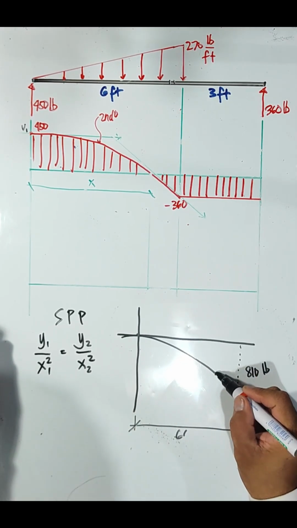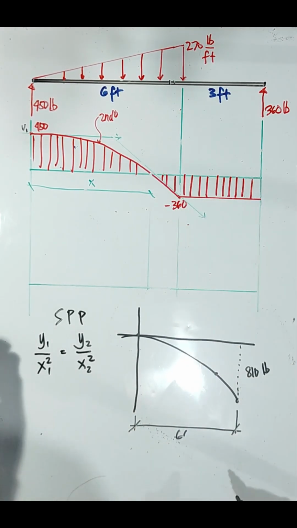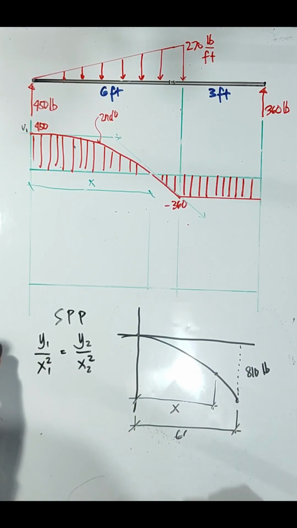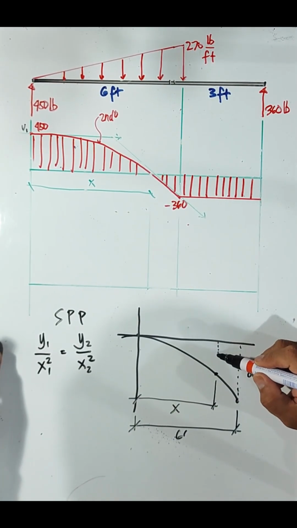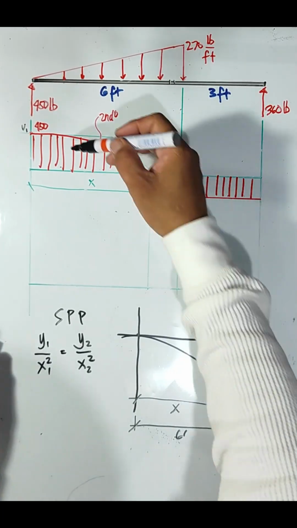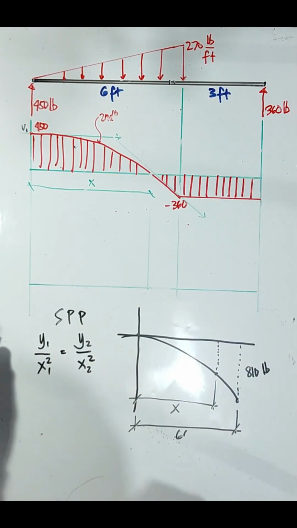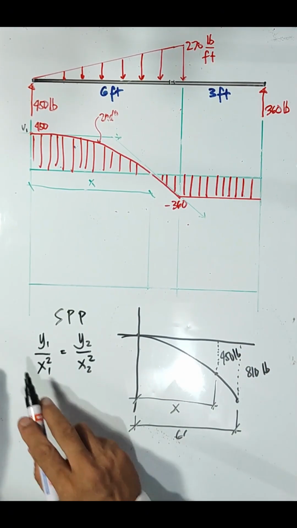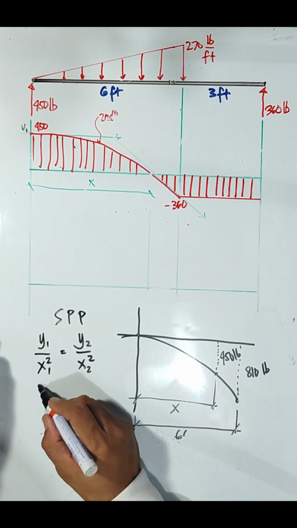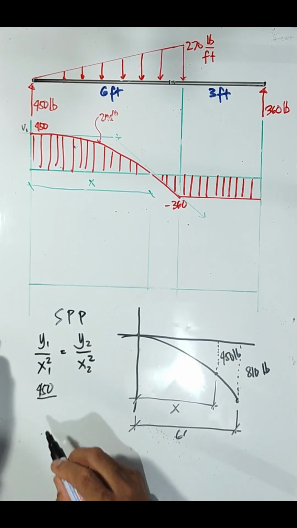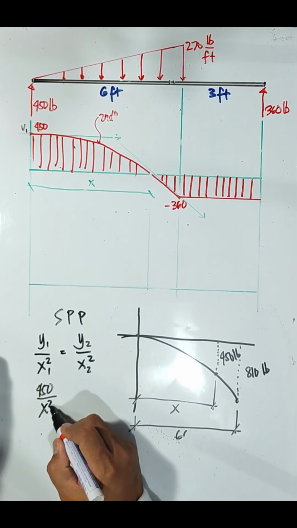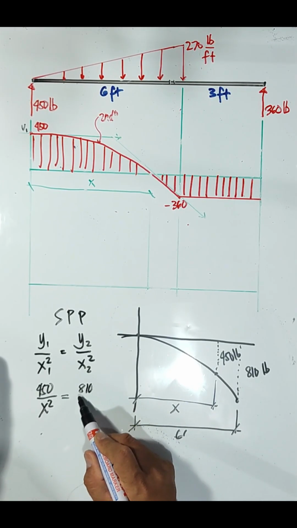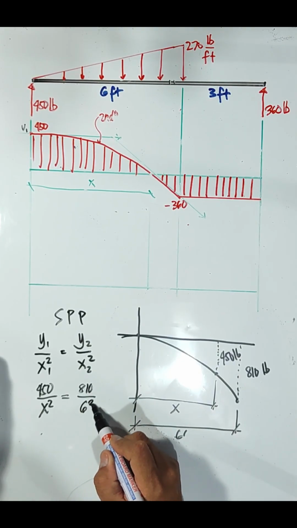And somewhere here, this distance we do not know. Let's call that x. This height is 450 pounds. Following this, we'll have 450 is to x square equals 810 is to 6 square.